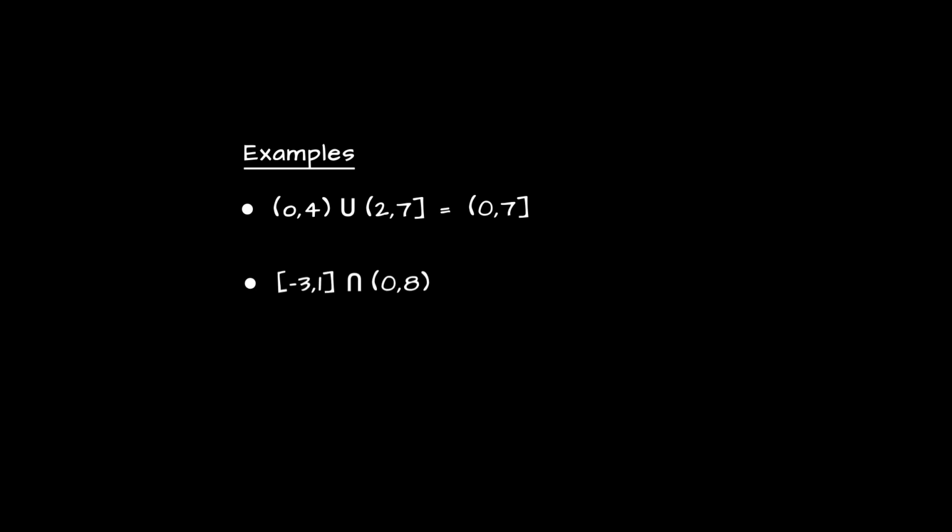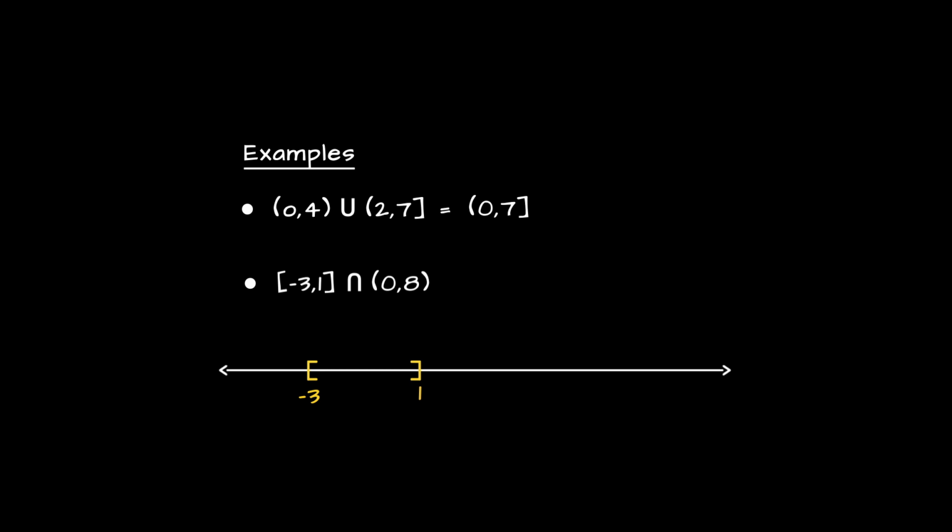Here's a second example that involves an intersection, specifically the intersection of the closed interval from -3 to 1 with the open interval from 0 to 8. Let's think about how to compute that. The closed interval from -3 to 1 is the set of all numbers in between and including -3 and 1.